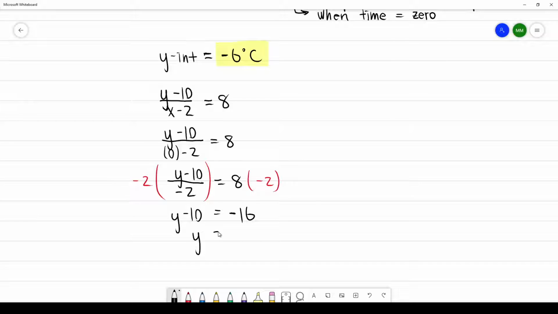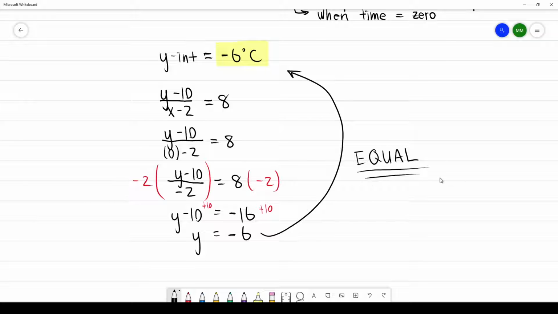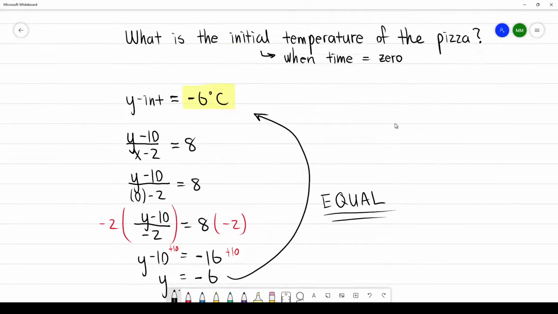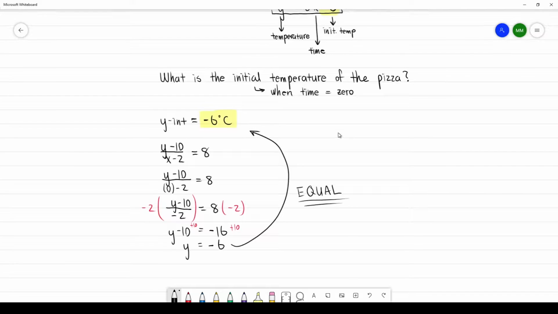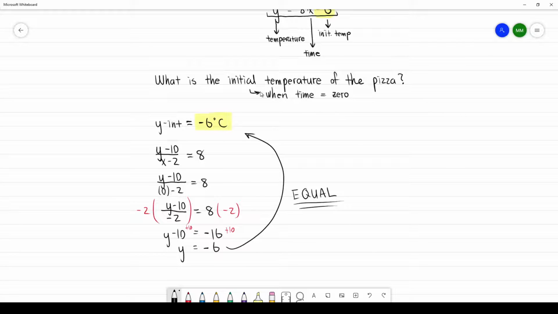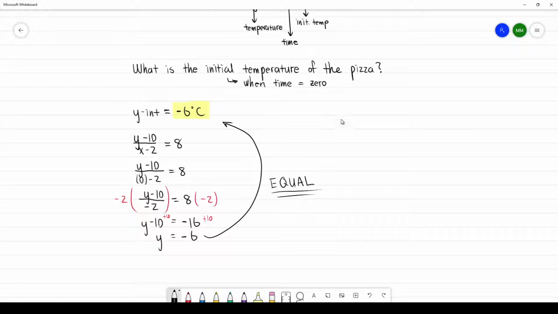So y is, so add 10 on both sides. Yeah, y is equal to -6. And they are equal. So we know -6 is the right answer. So there we have answered the question, what is the initial temperature of the pizza?